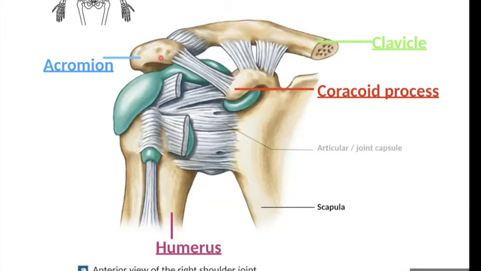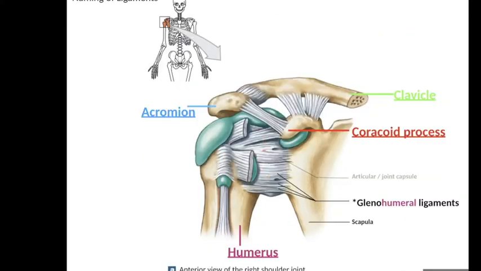This is called your acromion process, and here's your clavicle right here. So when we get into the naming of ligaments, knowing these names is crucial, right? It's also important to know that right under here, where the humeral head fits in, is called the glenoid fossa. This region right here, and this is your humerus.